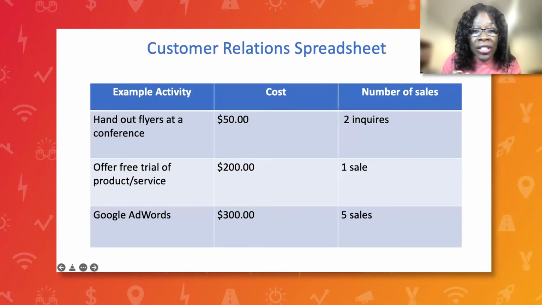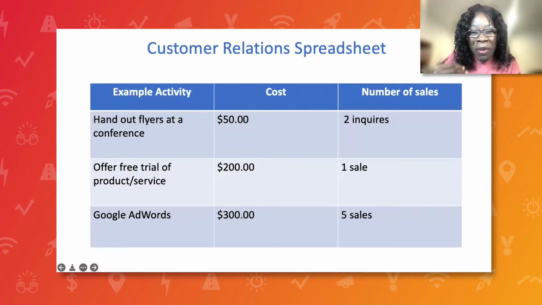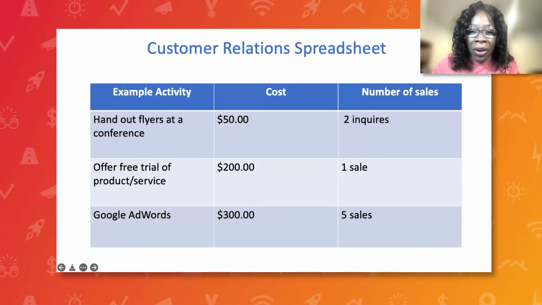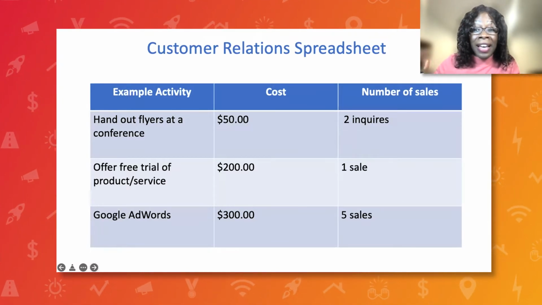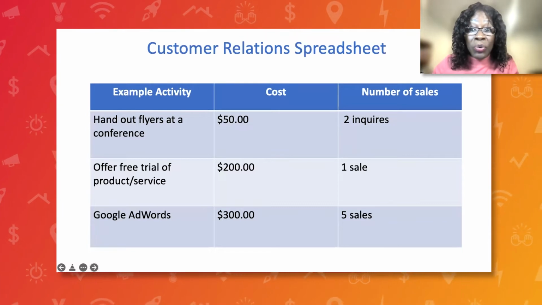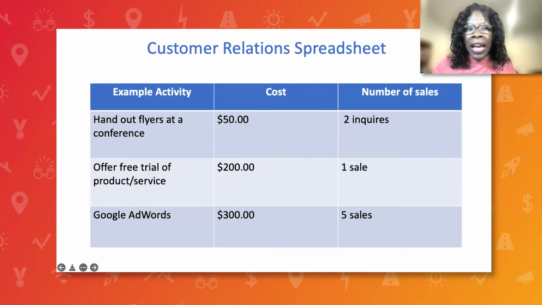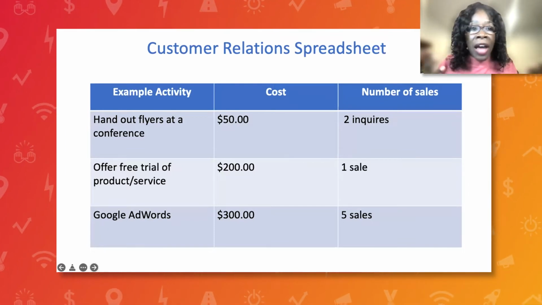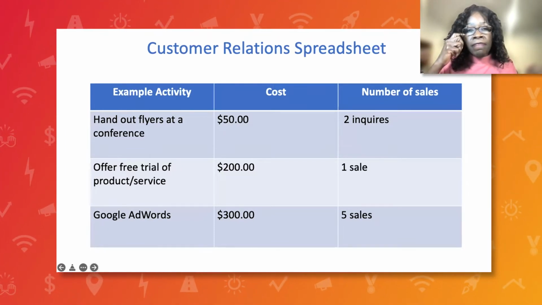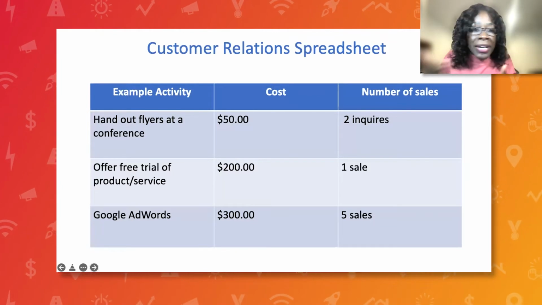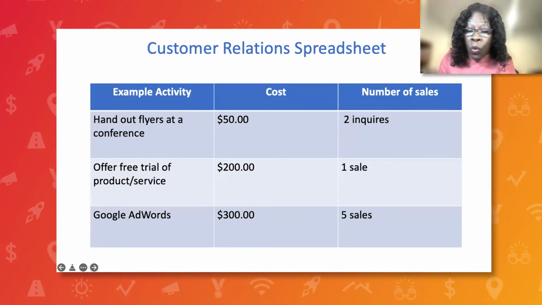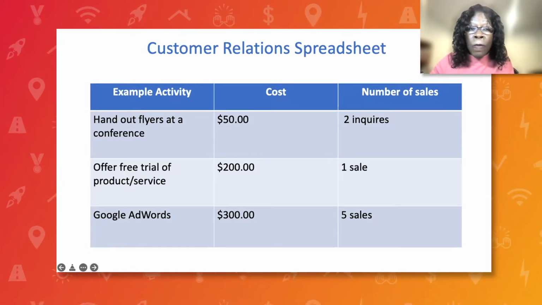We haven't talked a lot about costs, but I want to stop here and talk a little bit about cost, because as I said, it costs money to get a customer. And you want to think about, hey, if I go to a conference, I spend $50 on flyers. What happens as a result of that? Do I get a sale? Does that work? Is that helpful?